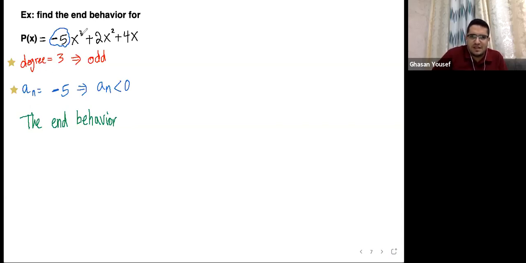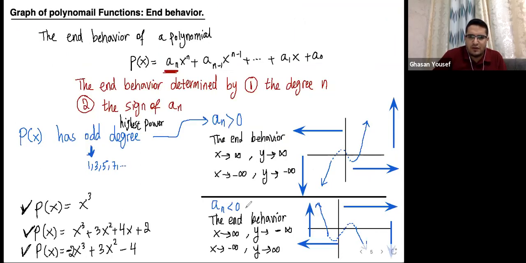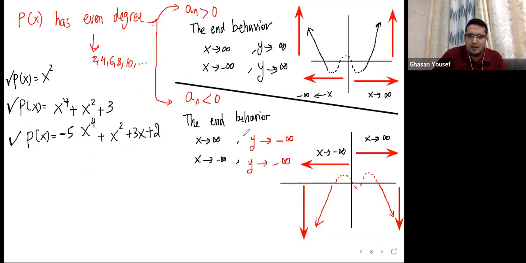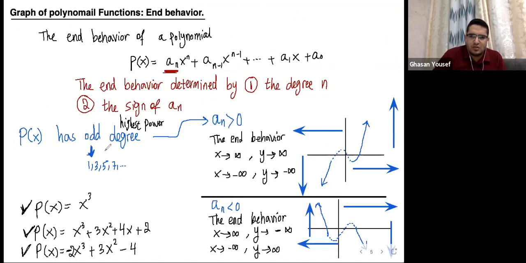So the degree is 3. The a of n is less than 0. So you have to use the rule. Which rule is that? You have to go back to the rules. We have 1, 2, 3, and 4. We have odd, which has 2 cases, the first case and the second case. The second one is less than 0, and this is what I need.